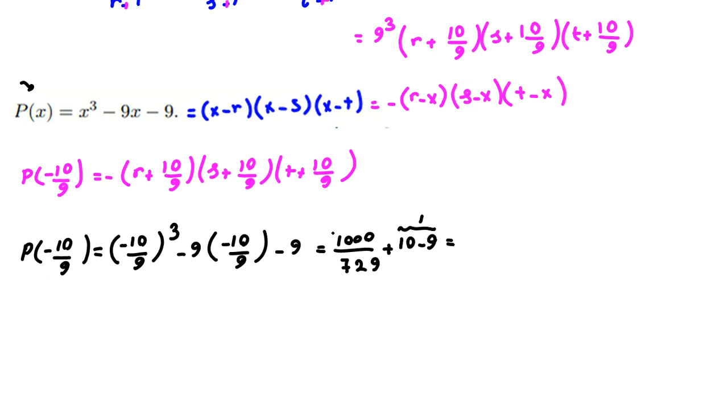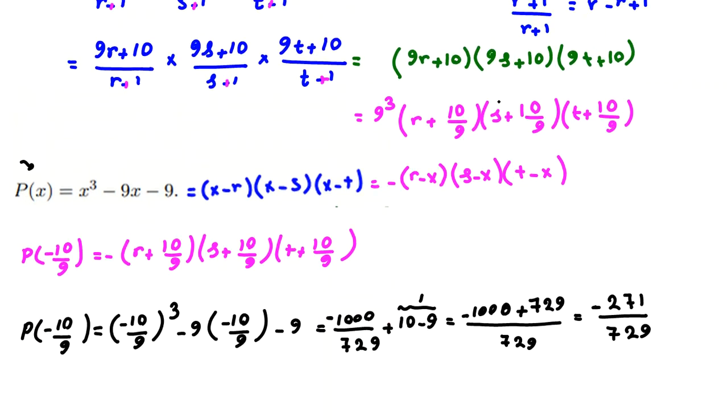Negative 10 cubed is negative 1000, so using a common denominator, it will be negative 1000 plus 729 over 729, so it will be negative 271 over 729. So for this part, we know p of negative 10 over 9 is negative 271 over 729.